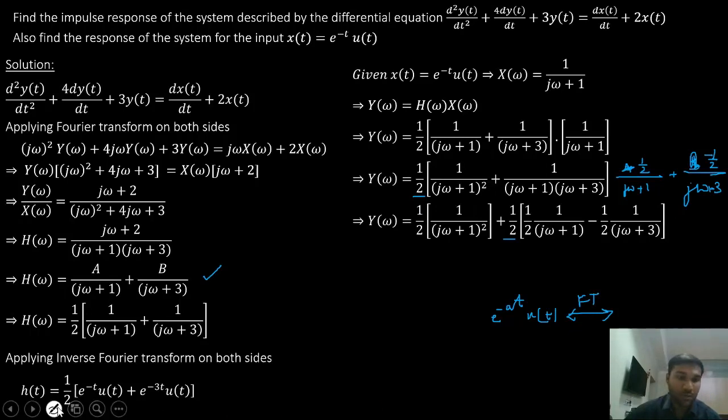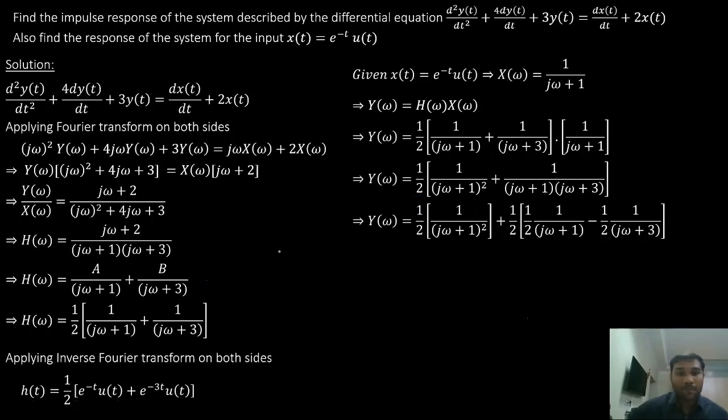Let me write it in some other place. e power minus at u of t has the Fourier transform 1 by (a plus j omega), right? Now if I apply the frequency differentiation property, what does it state?